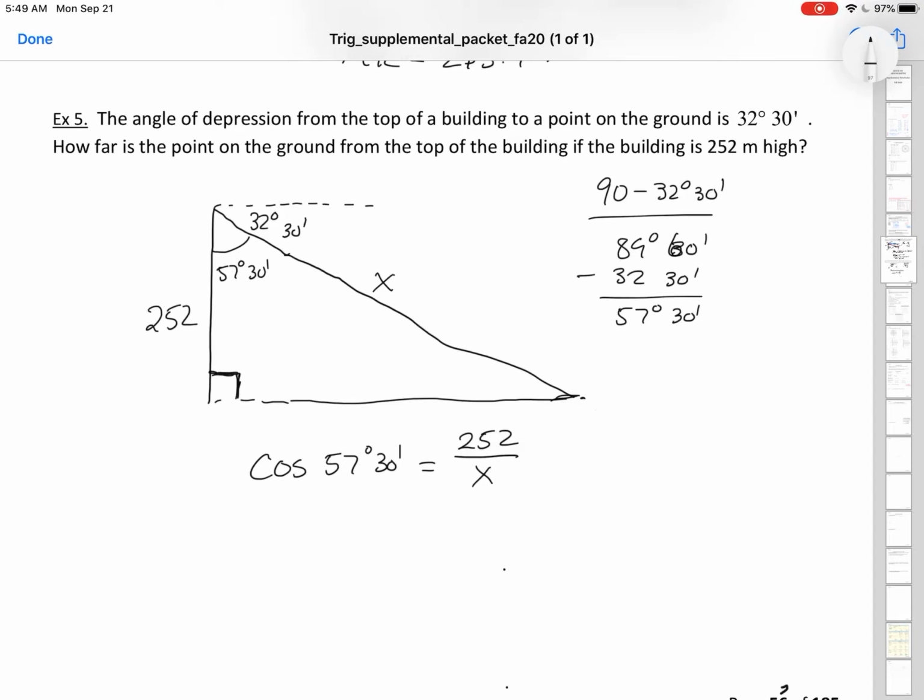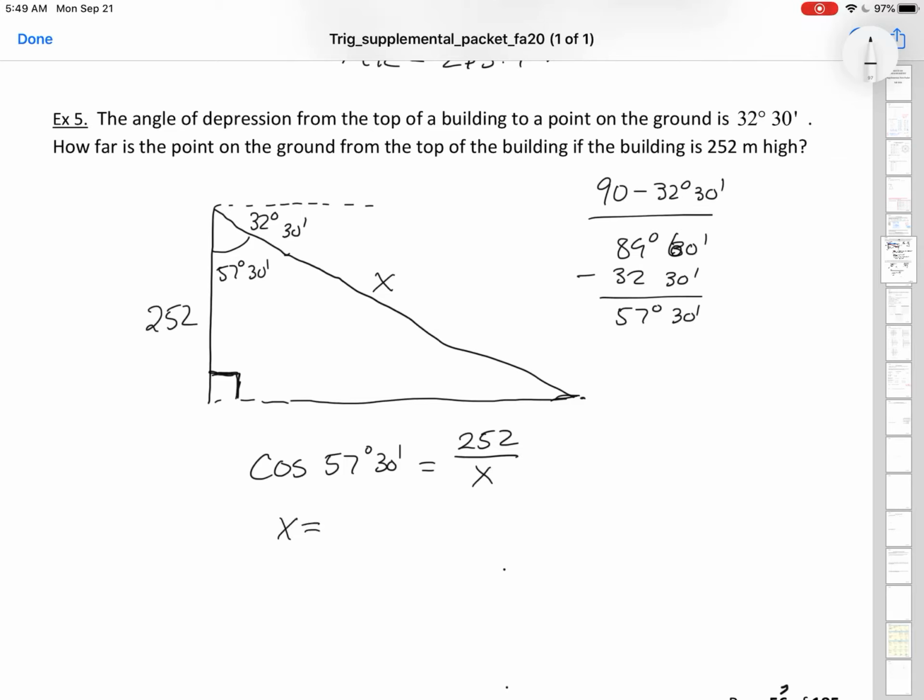It makes sense that they want the distance from the top to the bottom, as opposed to the straight across distance. We could have gotten that without any trig, just by walking a measuring tape out there, but it would be hard to run the tape from the top of the building down to the point.